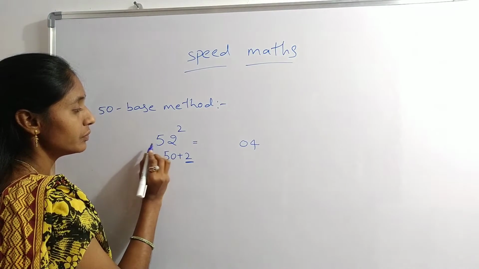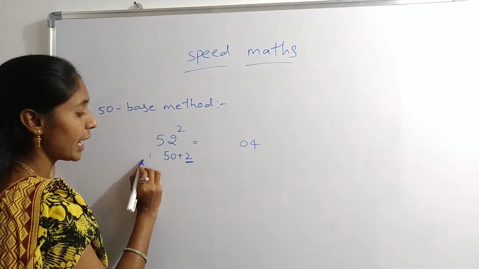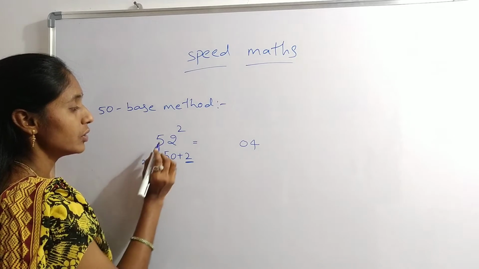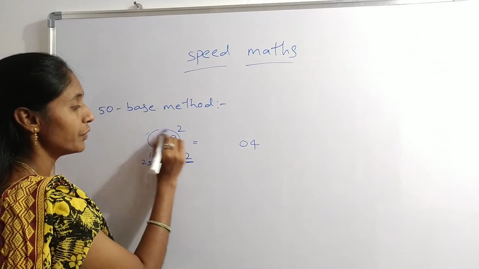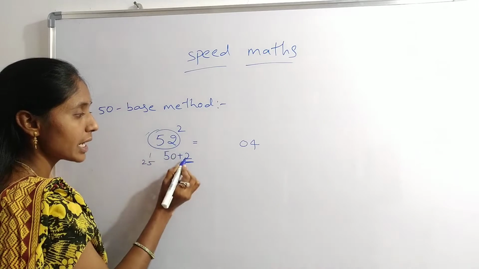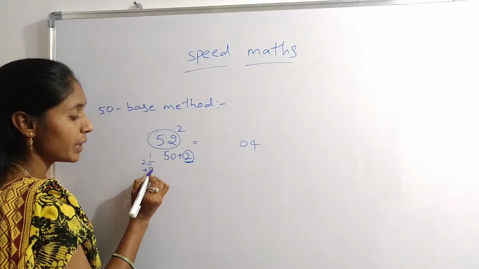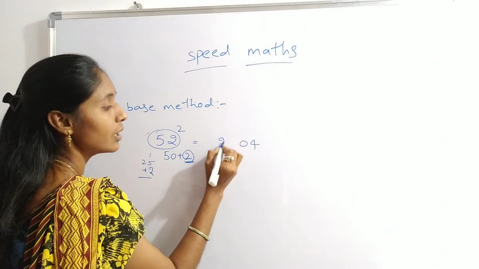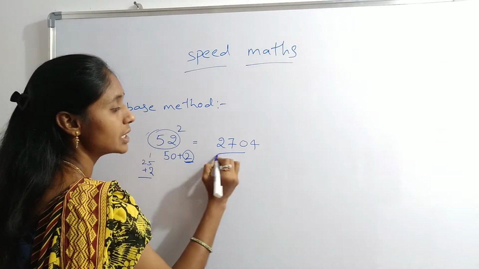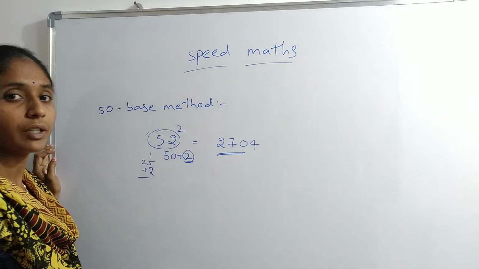Now 25 is the constant value for values closer to 50. 52 is 2 greater, so 25 plus 2 is 27. So 2704 is the square value of 52.